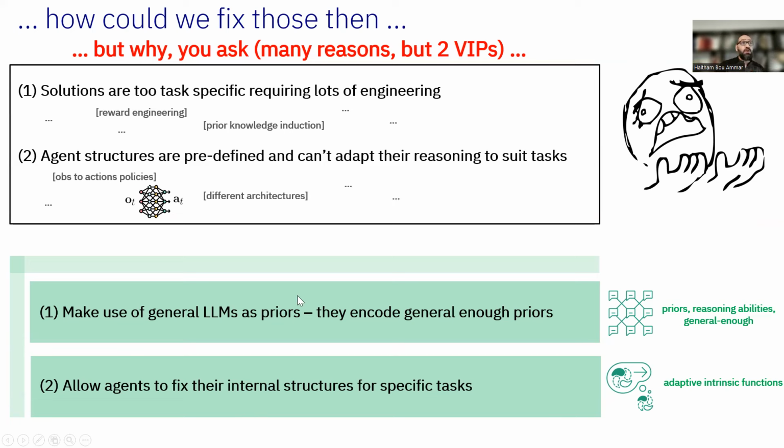The LLM prior gives a prior that's general enough because it has been trained on human language data. And two, these adaptive intrinsic functions allow the agent to change its thinking process, its memory, before taking a specific action.